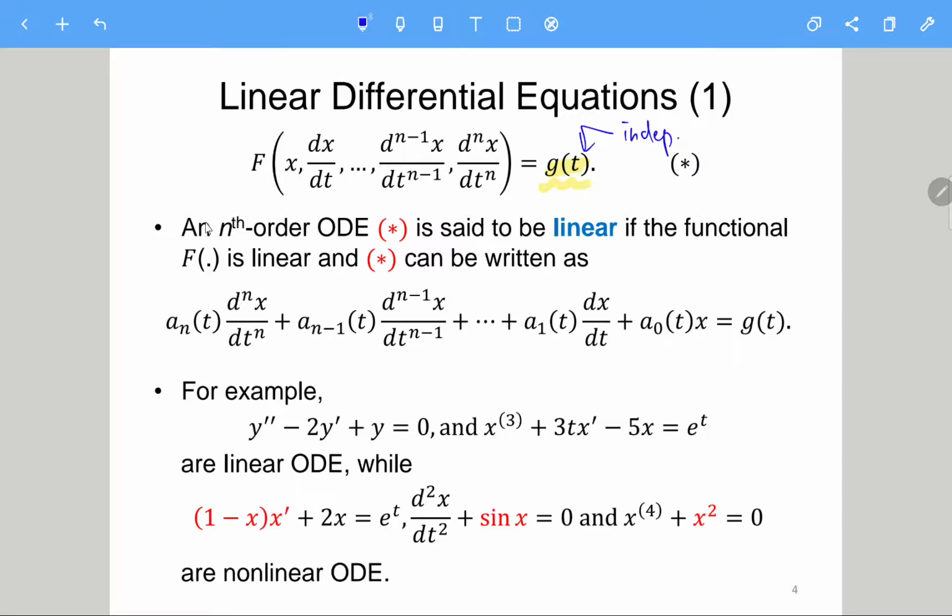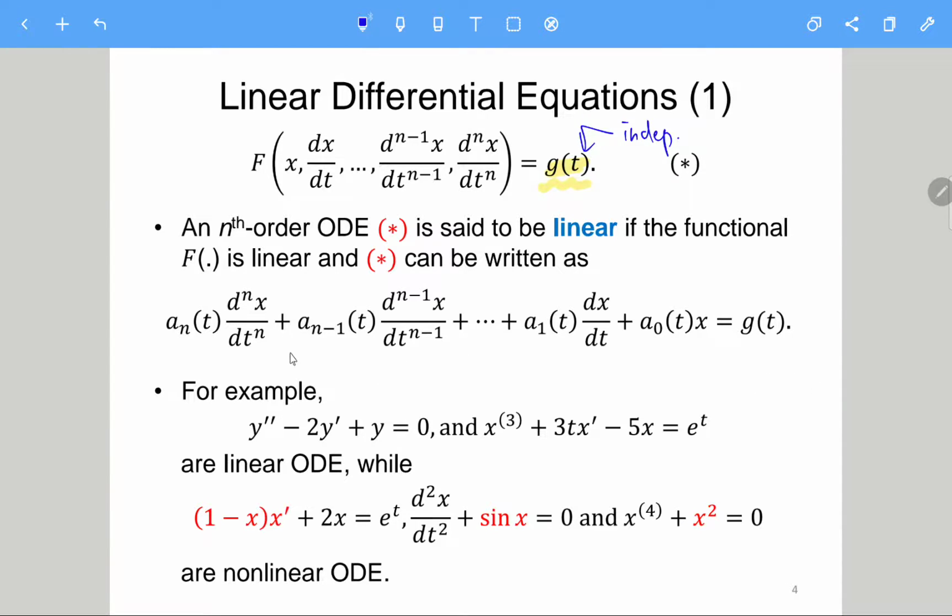So an nth order ODE is said to be linear if the function f is linear. It's very simple. And actually this equation can be written in this form.